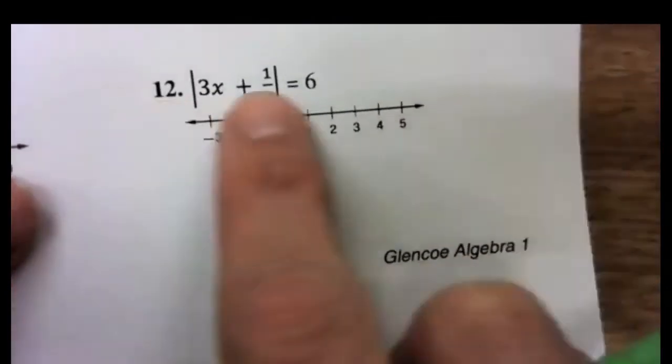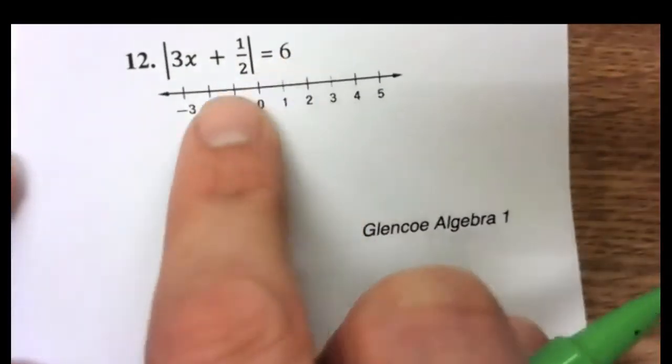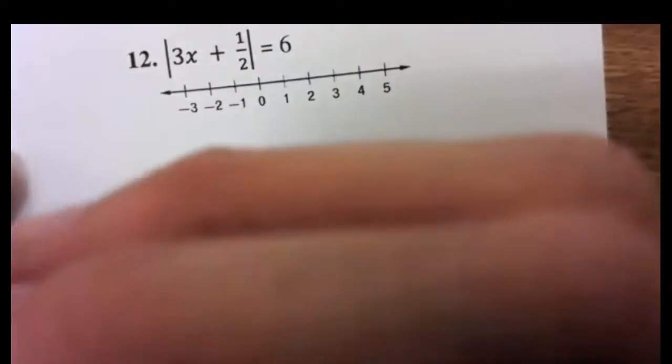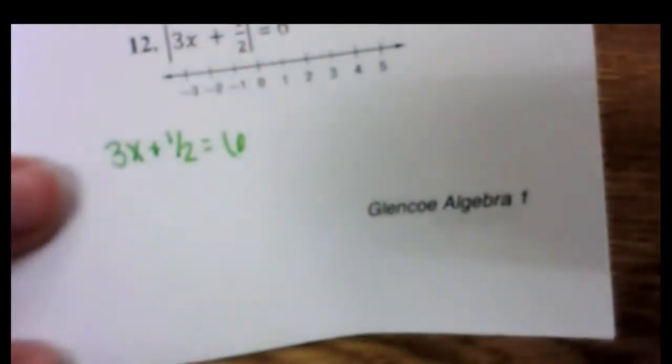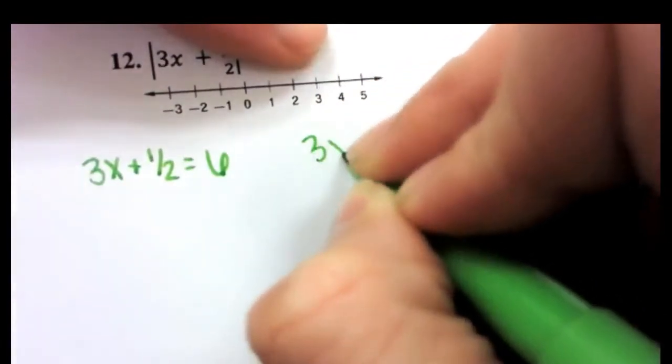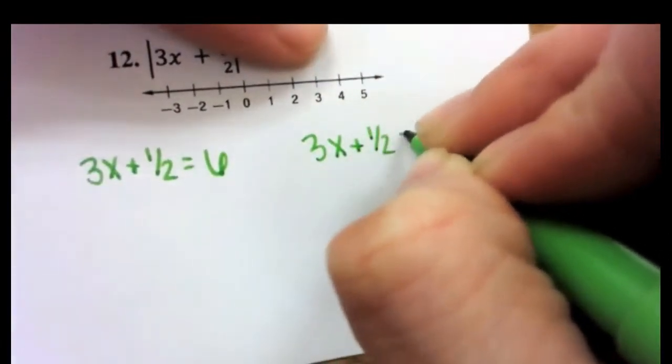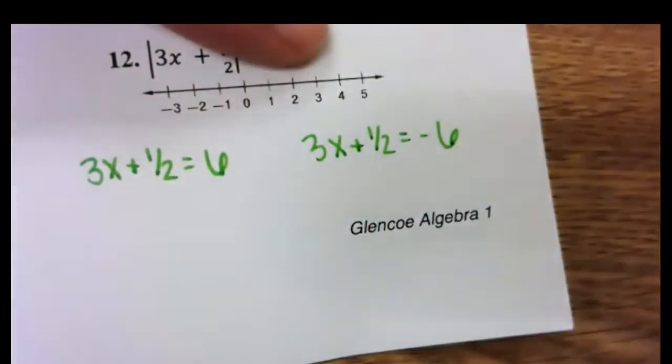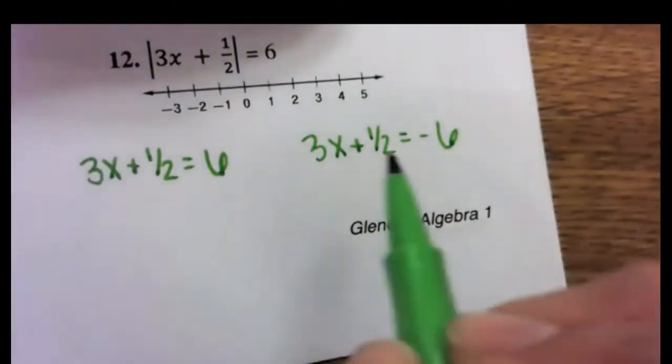When you have an absolute value equal to a number, we have to do case 1 and case 2. So you'll say 3x plus 1/2 equals 6. That's my case 1. And then case 2 is 3x plus 1/2 equals -6. And then we work to solve for x.